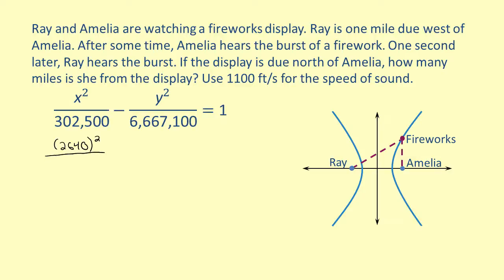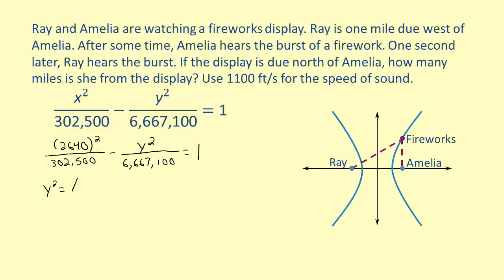So we have 2,640 squared over 302,500 minus y squared over 6,667,100 equals 1. We want to solve this equation for y, so let's rewrite it in terms of y. We're going to subtract the first term from both sides, and also multiply both sides of the equation by the denominator of the second term.